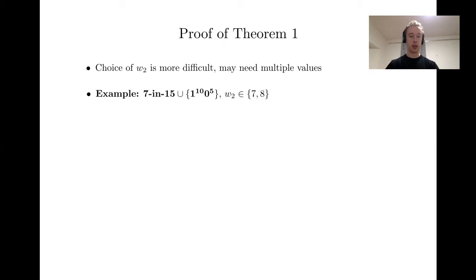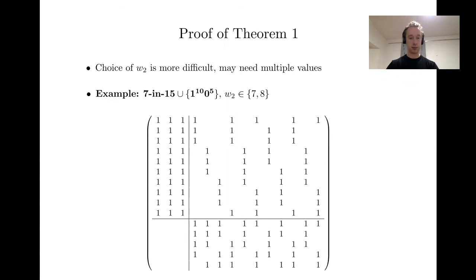For example, in 7 and 15 plus the special tuple of weight 10, we need W2 to take value either 7 or 8, and we obtain the following block. In the first few columns, we have our special tuple of weight 10, and then in the remaining columns to the right, we have 7 and 15 tuples with their ones distributed in a special way.